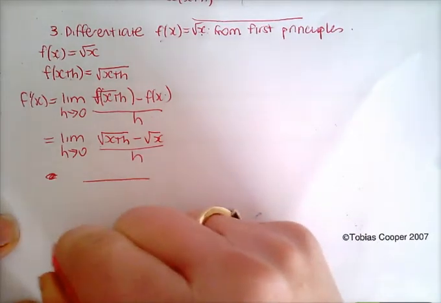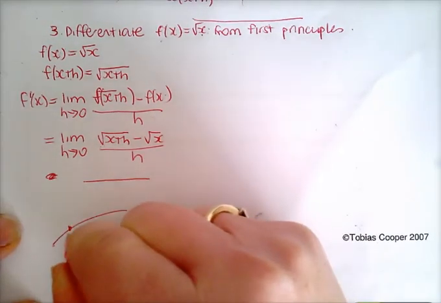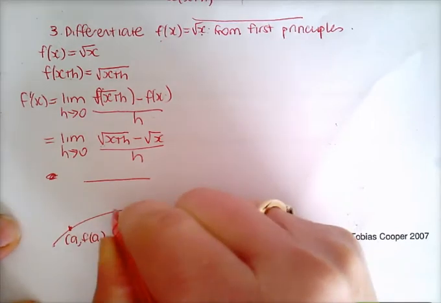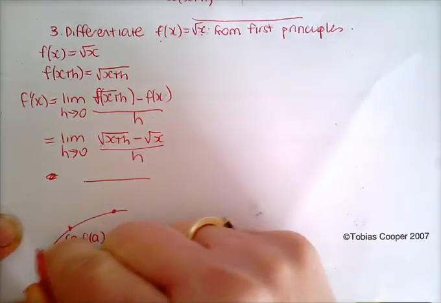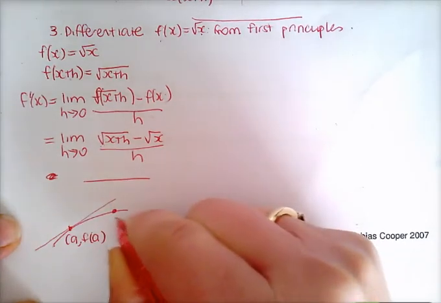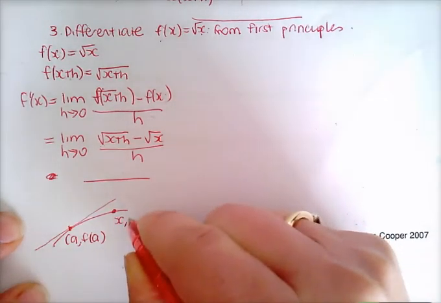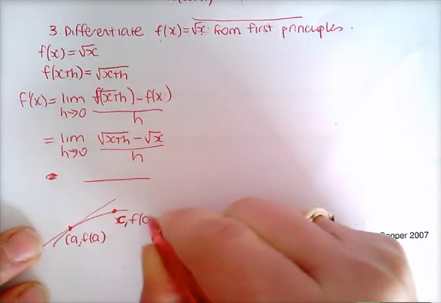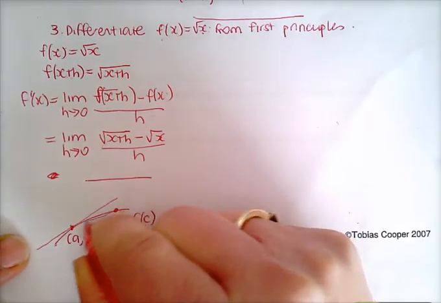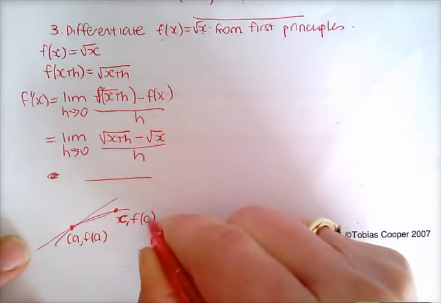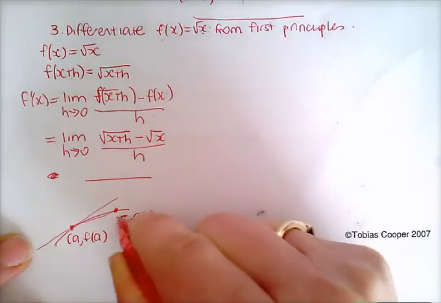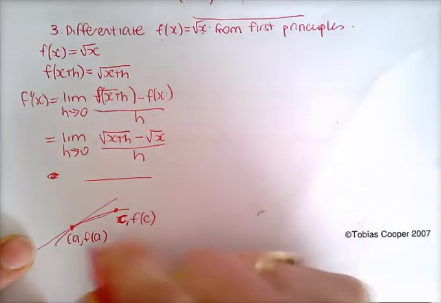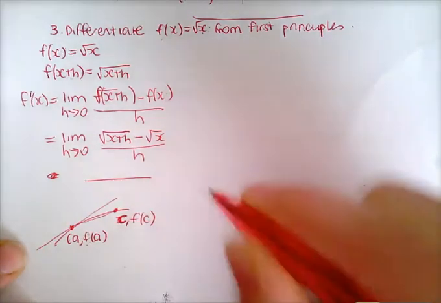So for example, where you've got your curve and you've got your point here, a, f(a), and you've got your point here, x, or you can even call it c if you want, f(c), okay? The gradient of the secant is f(c) minus f(a) over c minus a, because it's y2 minus y1 over x2 minus x1.